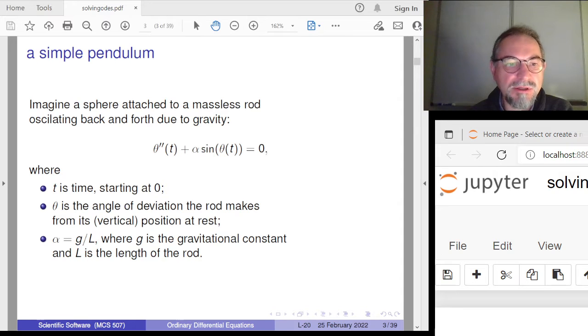The alpha is a constant which captures the gravitational constant and the length of the rod that connects the sphere. So it's a second order differential equation. There is the double prime there, and we want to compute the evolution of the angle with respect to time.